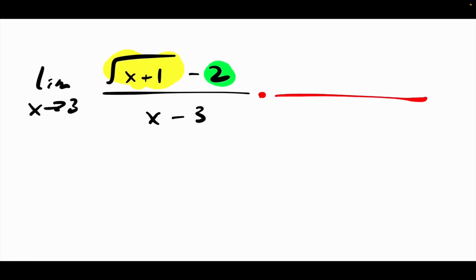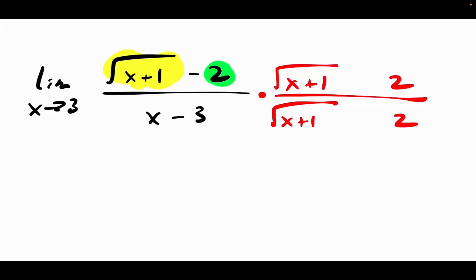So what we're going to do is rewrite that binomial: square root of x plus 1 and then 2, on top and on bottom. But instead of minus, we're going to use its conjugate. Its conjugate means the opposite binomial.